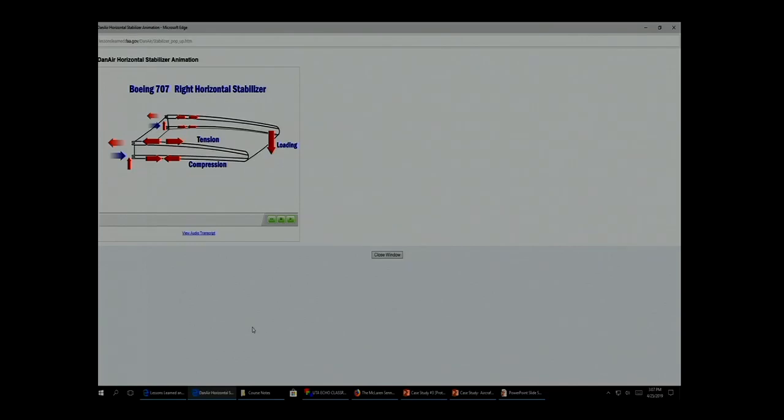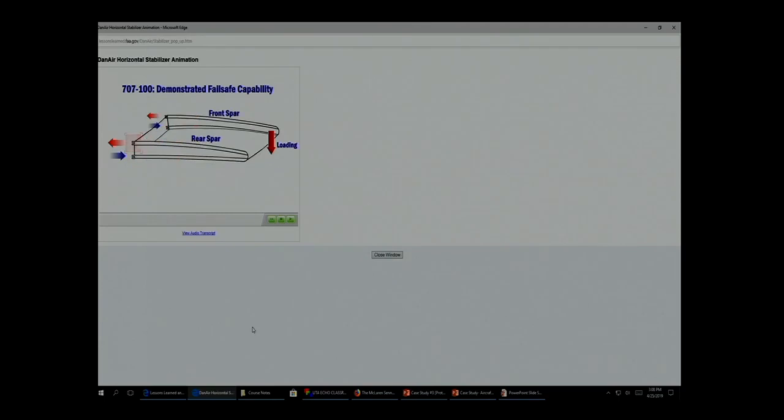Second, the downward loading on the stabilizer causes bending, putting the top cords of the spars in tension and the bottom cords of the spars in compression. The tension and compression of the spars is also reacted at the attachment loads of both the front spar and the rear spar. From this point forward, vertical loading will be omitted from the animation, so we can focus on the tension and compression loading of the reaction.